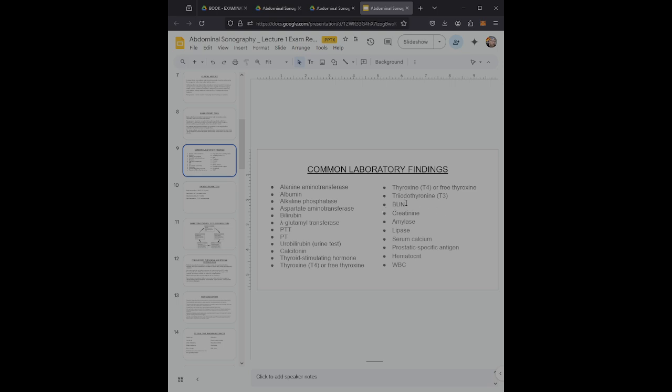Now we come to certain urine tests, such as BUN and creatinine, blood urea nitrogen, and serum creatinine. Blood urea nitrogen is a nitrogen-containing compound that is found in the liver as the end product of protein metabolism and the urea cycle.